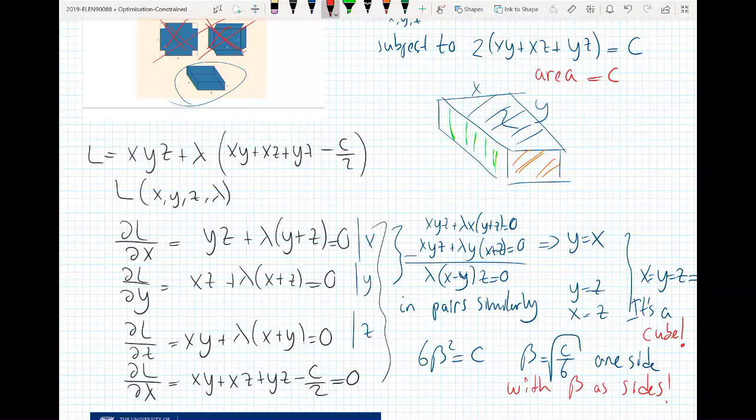Now you take the derivative of the Lagrangian, but because the Lagrangian is also a function of lambda, this Lagrange multiplier, you also take the derivative with respect to the Lagrange multiplier, which is nothing but the original constraint. So you have one more equation, the original constraint, in addition to the first order conditions. And when you put them together, you solve it.